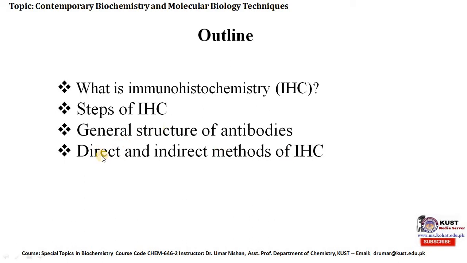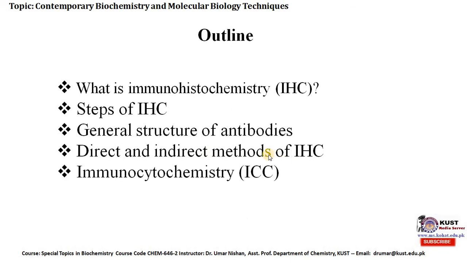We will talk about direct and indirect methods of immunohistochemistry. Sometimes people use direct, while in the majority of cases, they use indirect methods. Finally, we will talk about immunocytochemistry.